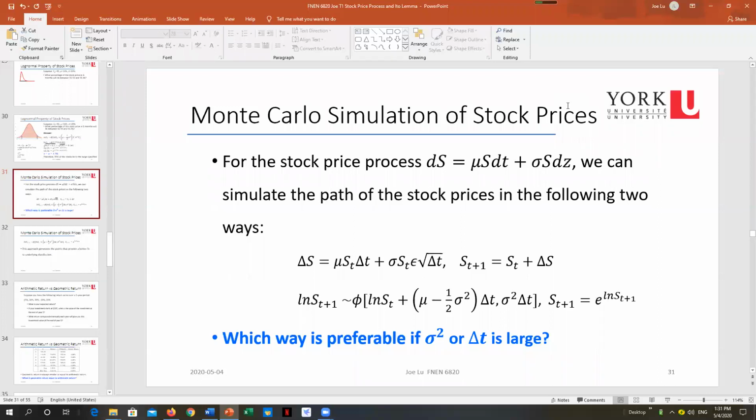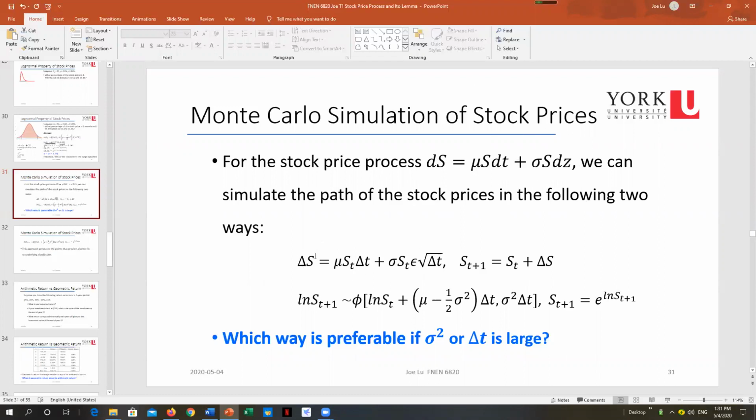Now, if you look at this particular process, the log-normal process we talked about earlier, you can basically simulate it in two different ways. The simpler way is to truncate it, so anything that's continuous, you just make it discrete.